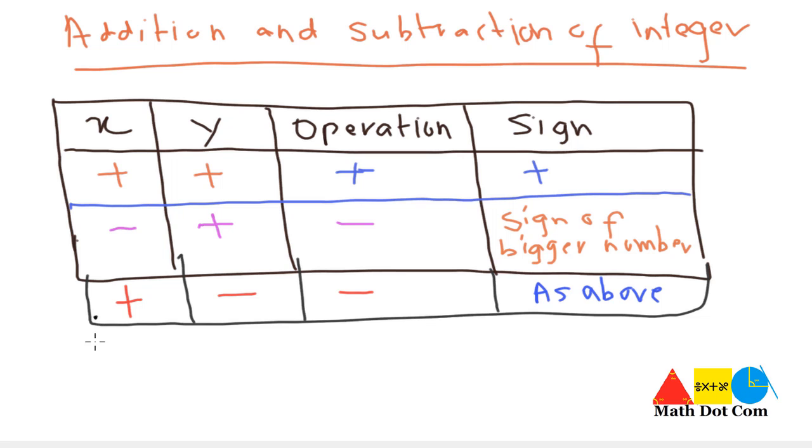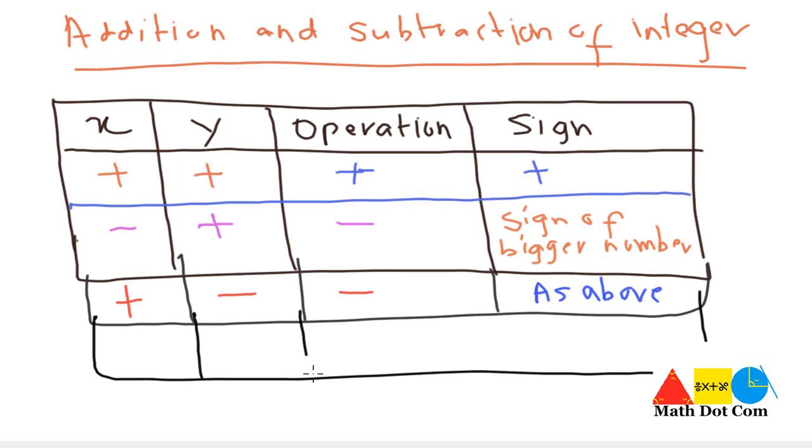Next is the last case, in which both integers are negative, negative x and negative y, for example minus 3 and minus 4. Then the operation will be addition. It means the two integers will be added together and the sign in the answer will be negative.